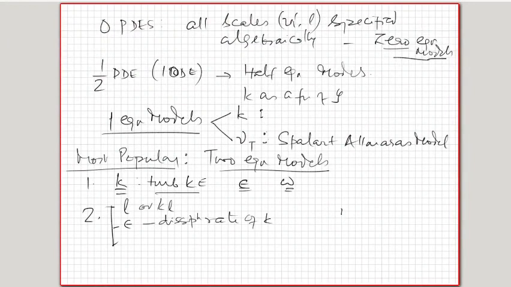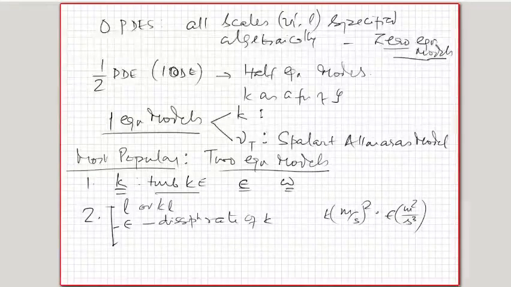So if k is in meter per second whole square, then epsilon is k per second, which will be meter square per second cube. This is something that we also saw when we were looking at the Kolmogorov scales. And the third will be omega.